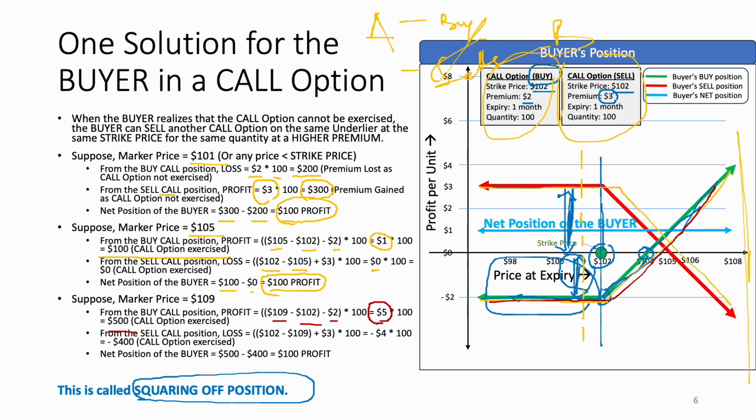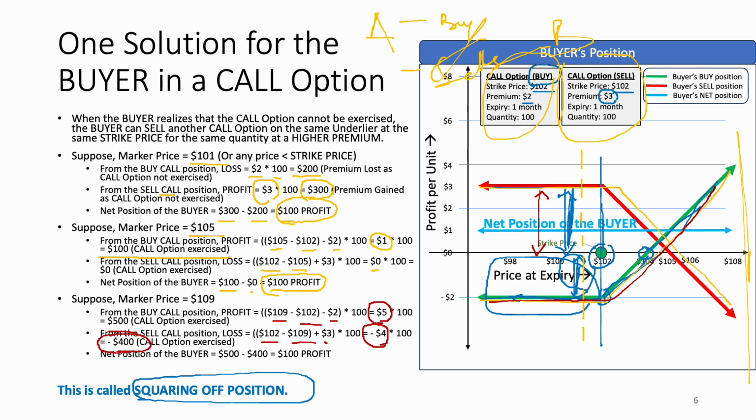The amount of loss he will make is that his strike price is 102, the market price is 109, that is -7, plus the $3, the premium agreed in this sale between A and B. It means that A will suffer a loss of $4 for every unit. And since he has 100 units, the total loss will be $400.